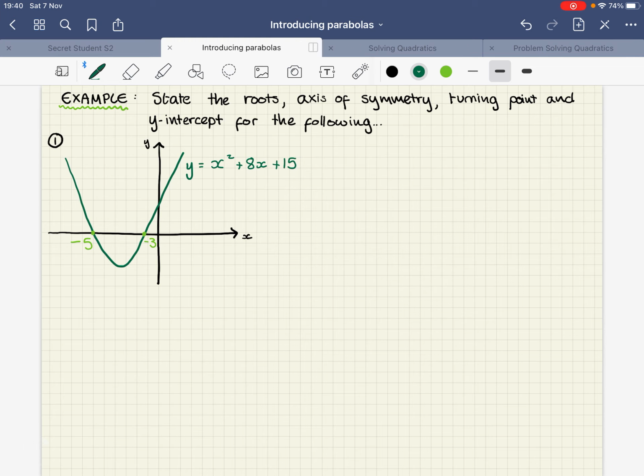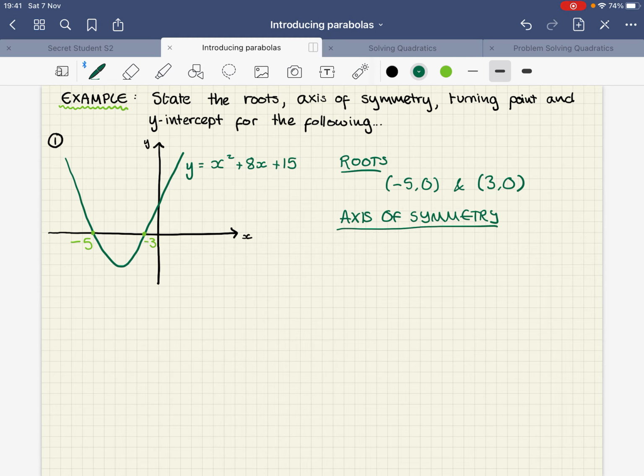So in this first one, we're being asked to state the roots, axis of symmetry, turning point, and y-intercept for the following. So the first thing there, we can see that our roots have been labelled for us. So my roots are going to be -5, 0 and -3, 0. So then our axis of symmetry, and we'll probably just write axes for our next question.